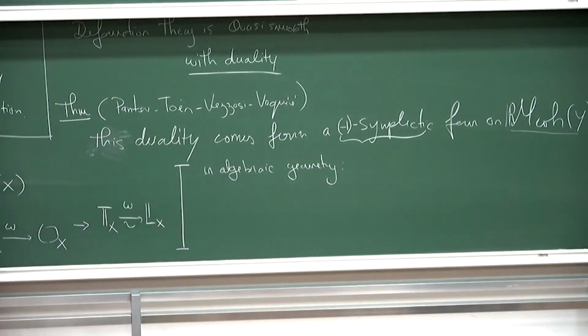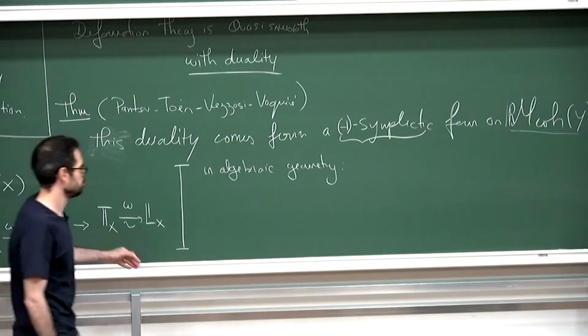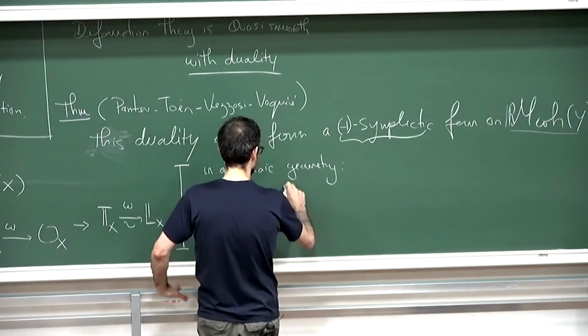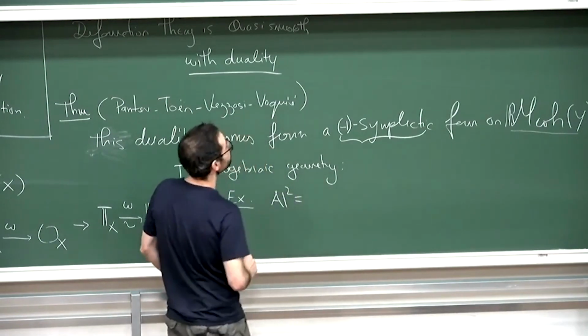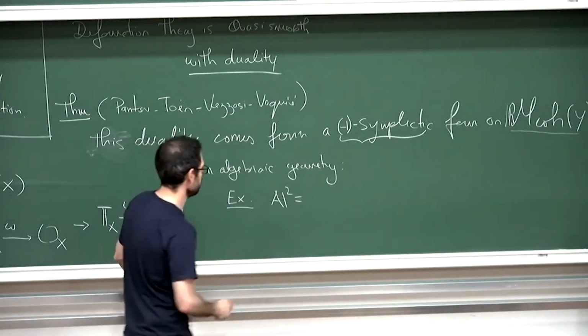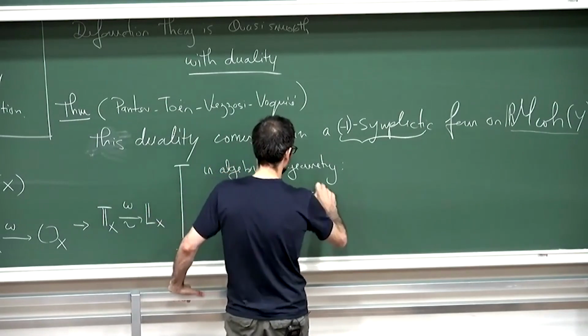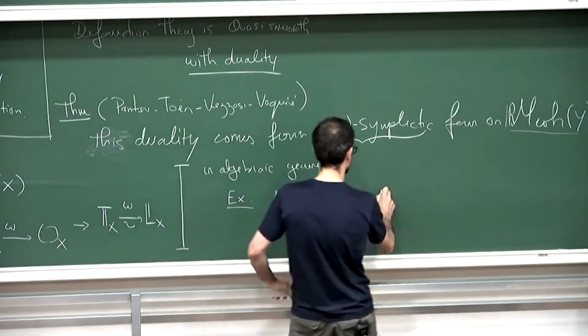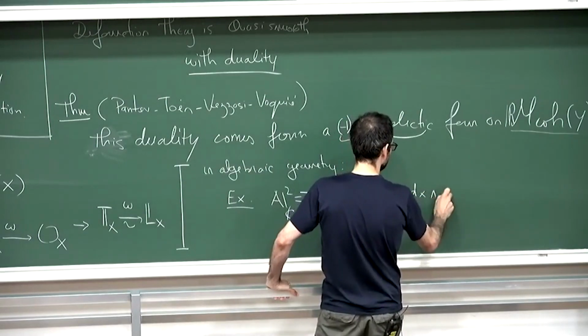So, of course, if we have a smooth algebraic variety, we can play the same game. And we even have easy examples. I can take the affine line, everything in this talk is over C. Okay? So this is the cotangent bundle of A1, and here I have a canonical symplectic form.